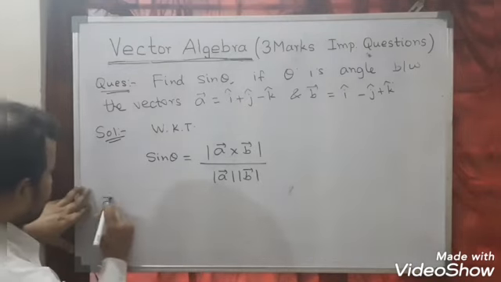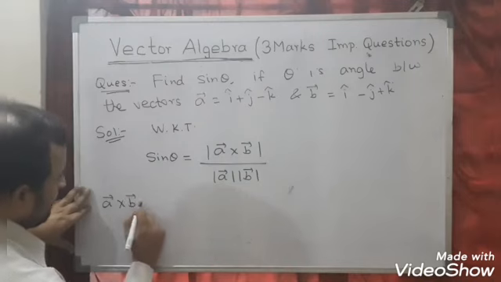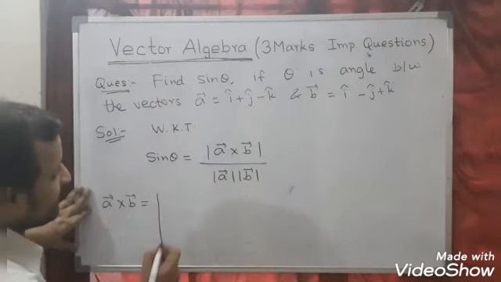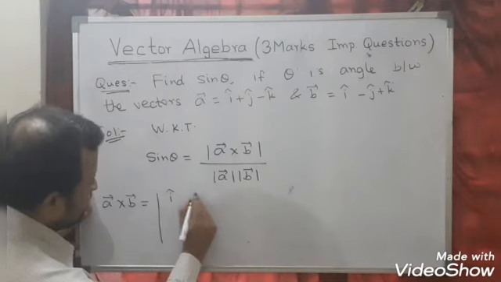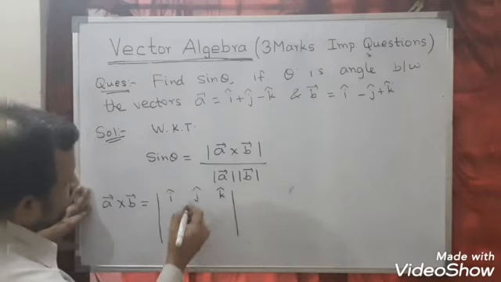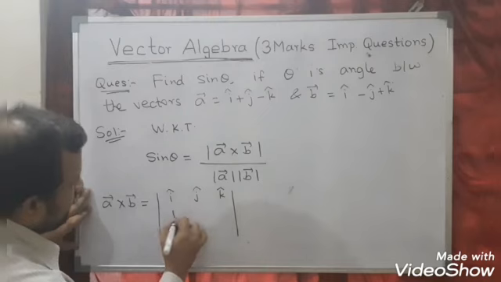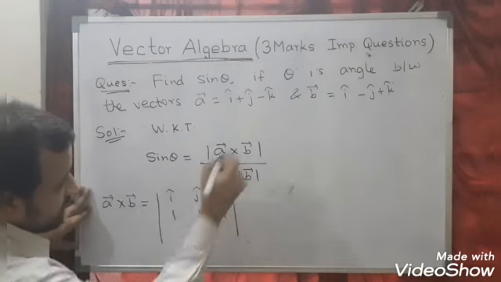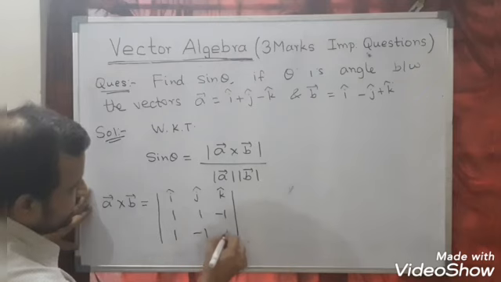A cross B is equal to the determinant of i, j, k, then A: 1, 1, minus 1, and B: 1, minus 1, 1.